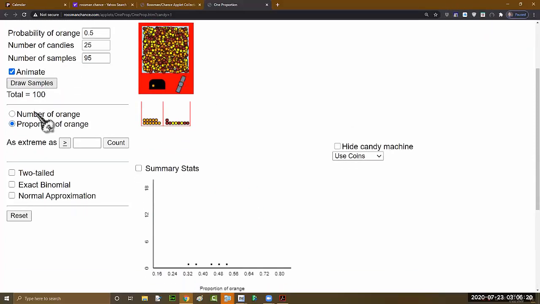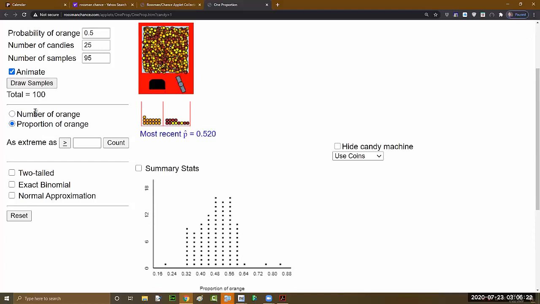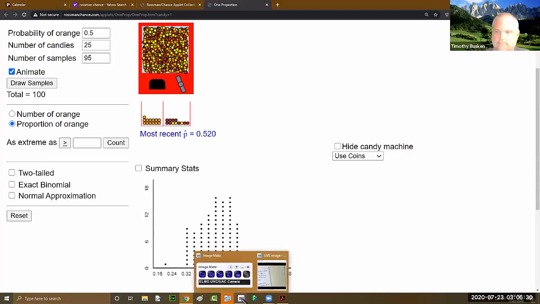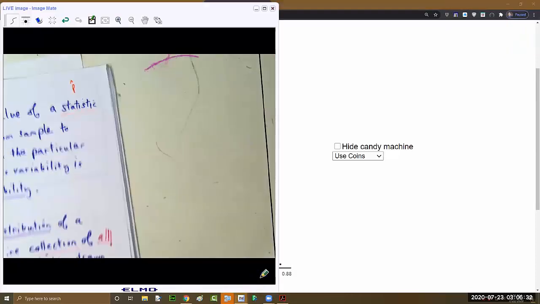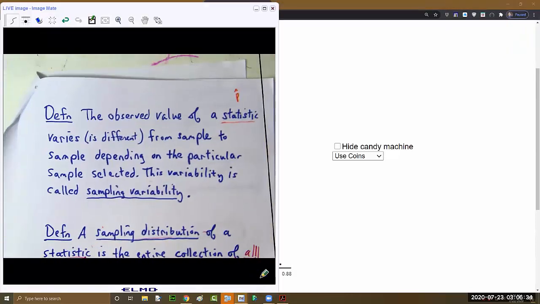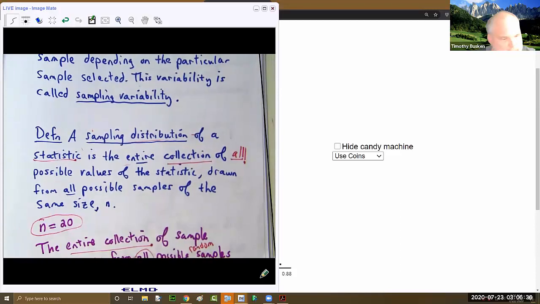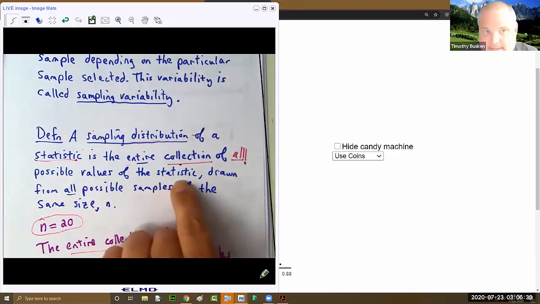So just to confirm, I just want to double check. A sampling distribution is just the entire collection of all possible values of the statistic.